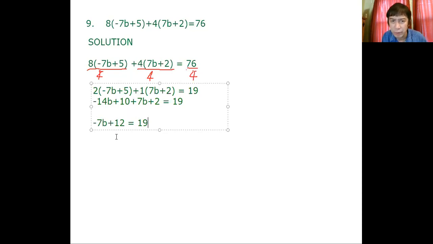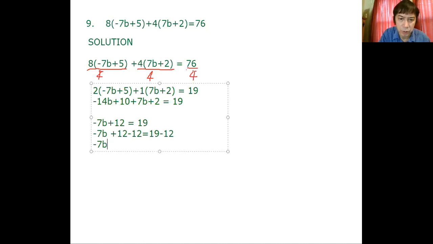Since it's a plus 12, we shall make that 0 by way of subtraction. So we will apply the subtraction property, which is a minus 12. So we start with negative 7b plus 12. We apply minus 12. Also, at the right side, we apply a minus 12. Then this simplifies to negative 7b. And these two 12s make 0. And this equates to just 19 minus 12, which is exactly positive 7.